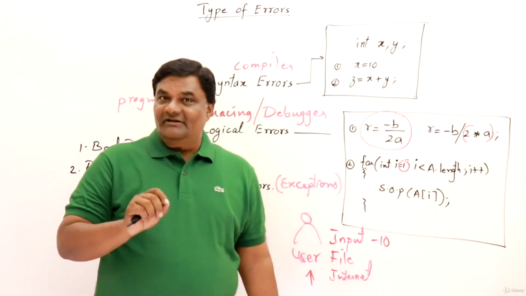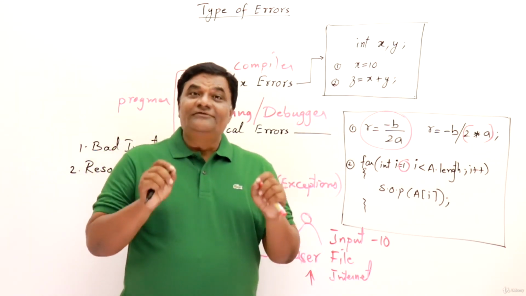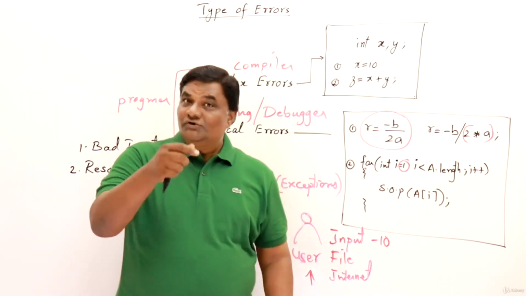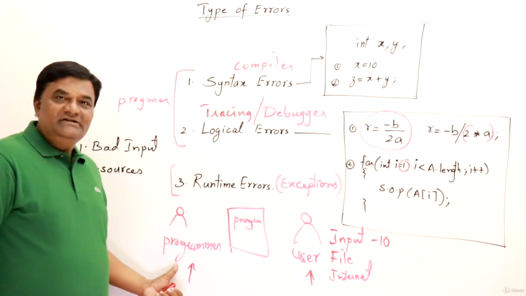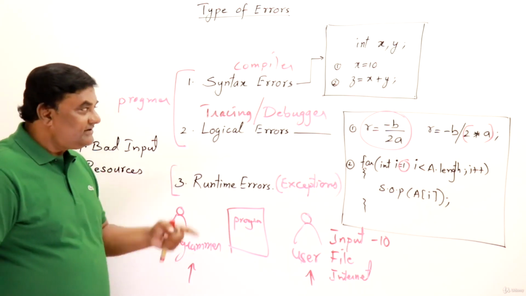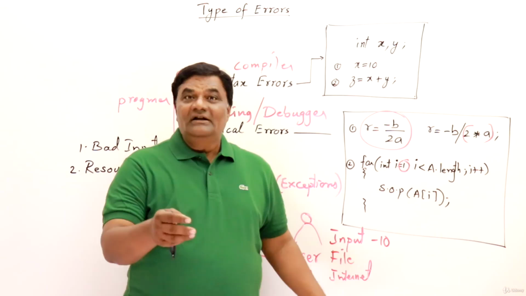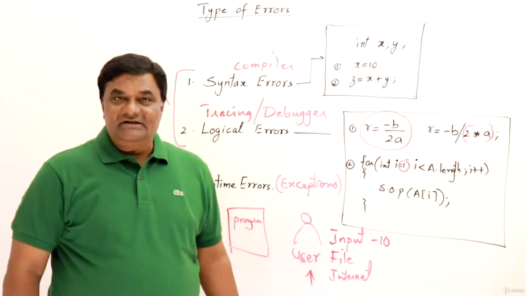So in case of runtime errors, we cannot do anything but inform the user. That's it. This is what we want. Then who should do this? The programmer should do these things. The programmer should make arrangements inside the program itself that if the user is giving negative input, tell him that the input cannot be negative.